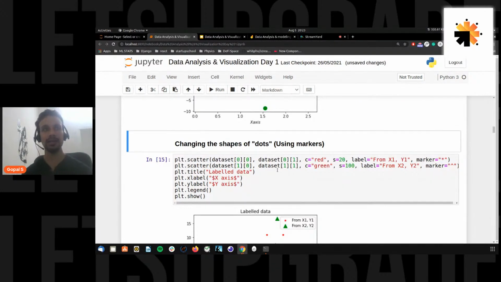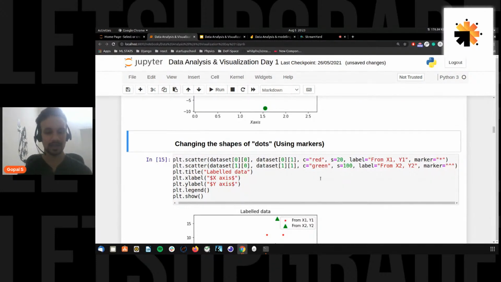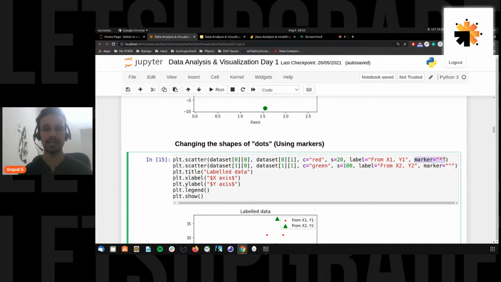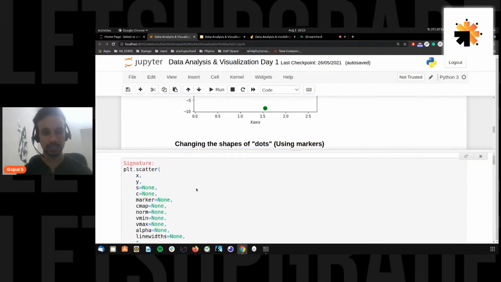The value could be an asterisk, a caret sign, and k dash dash. Basically k stands for black color, and dash dash for a dotted line, etc. You can check the markers in Matplotlib's documentation. There will be much better documentation about what markers you can use.